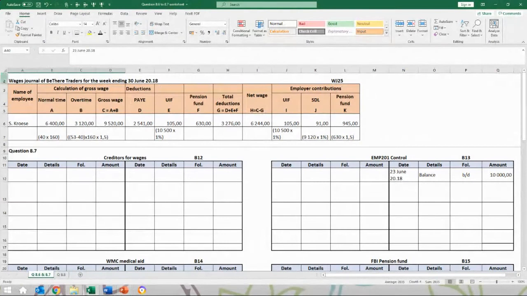Okay, now based on the wage journal, if we look at the gross wages, what amount will we account for in our general ledger accounts? So if we look at column A, B, and C, which one will we account for and under what account?